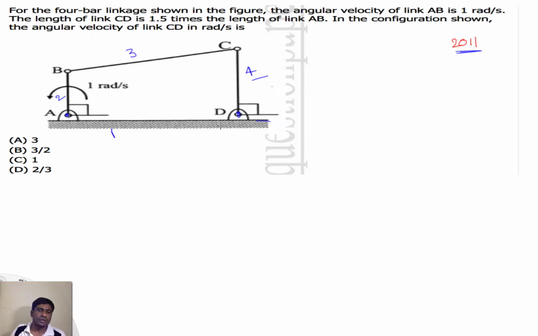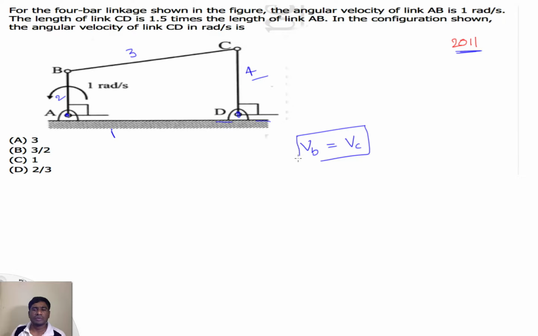If this is the case, then we can directly deduce that velocity of point B equals velocity of point C, because in the previous session we have seen that even if you draw velocity triangles, we finally end up with this conclusion. And let's read the problem.